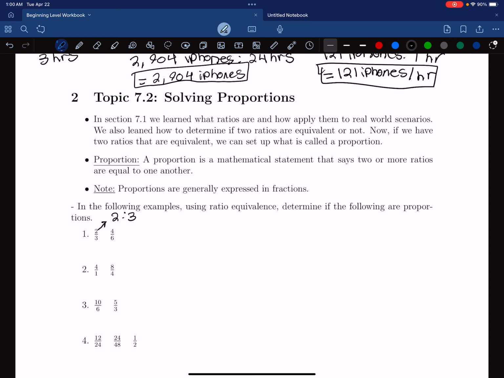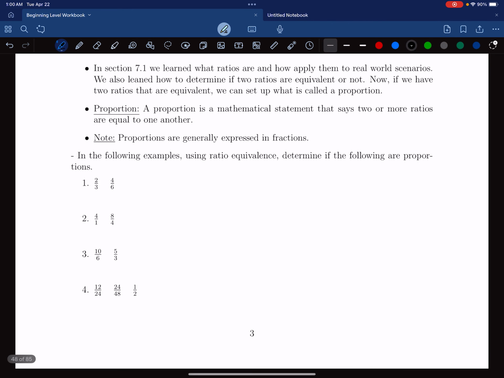But most of the time, proportions are not written in ratio notation. They are written in fractional form. Okay, so with all that being said, let's work through our first example. I encourage you to pause the video and see if you can figure it out on the first go. And assuming you have given it a go, let's go through it.